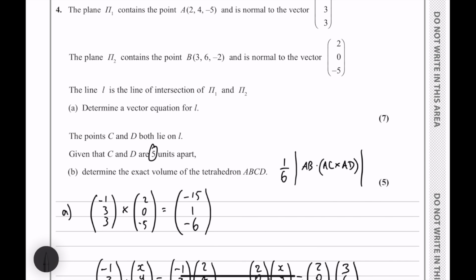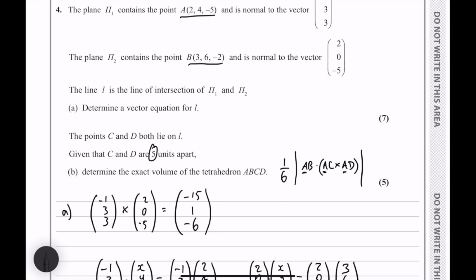Key point being that they're all going to come from one point, and you need 3 vectors between the 4 points. But to do this, we're going to need the 4 points. We don't have the 4 points, we've only got the 2 points A and B so far.